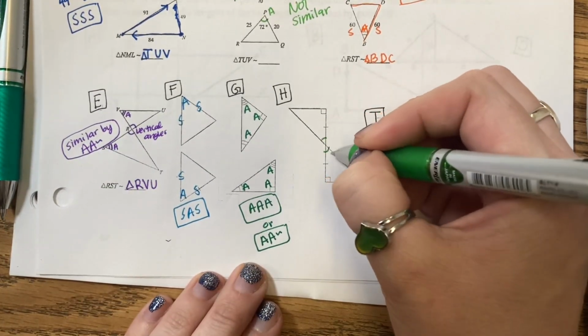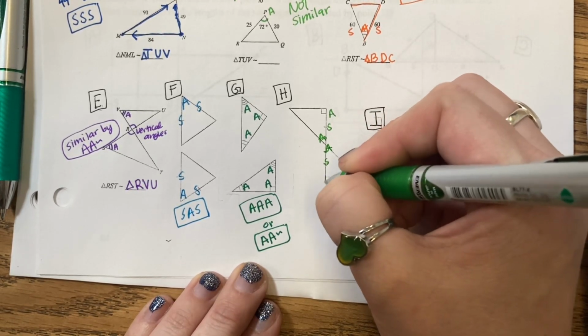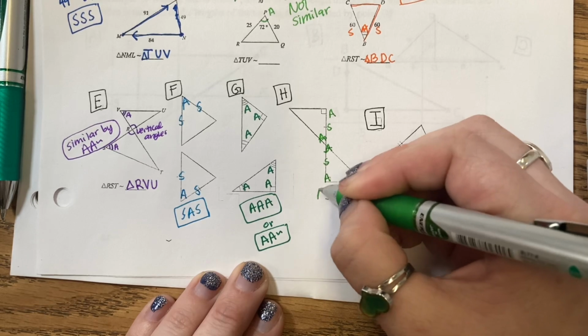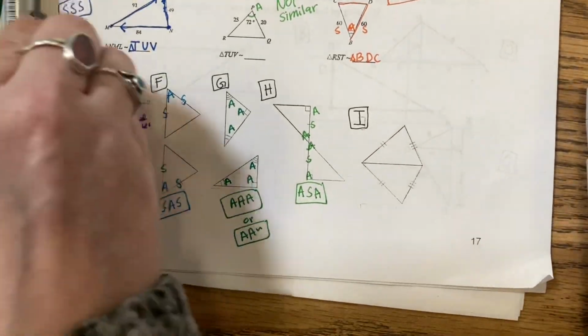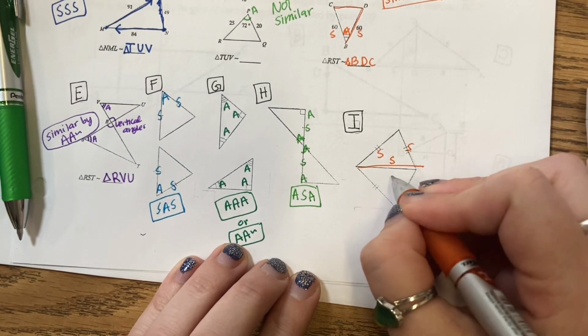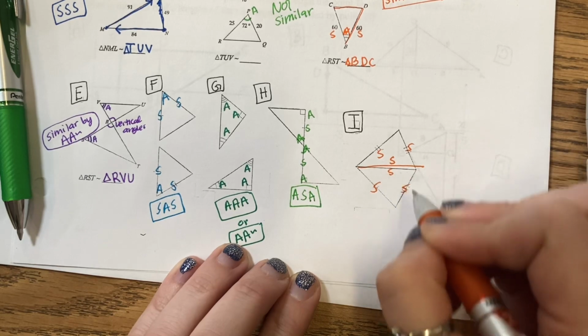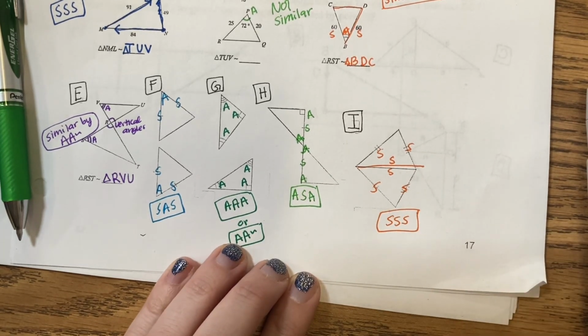These are vertical angles. That's angle, side, angle. And I have a side, side, and a matching side. All three sides are given.